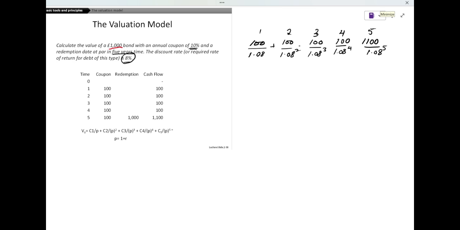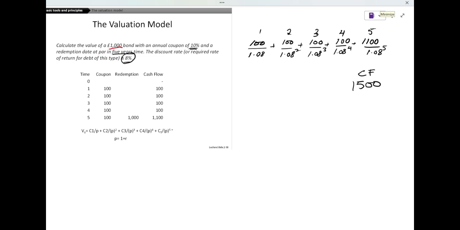I will have to add all of them because I will be receiving all of them. So I'm getting £500 as interest on this £1,000 plus the £1,000 back, so altogether £1,500 I'm going to receive. £1,500, that is the cash flow in 5 years' time.